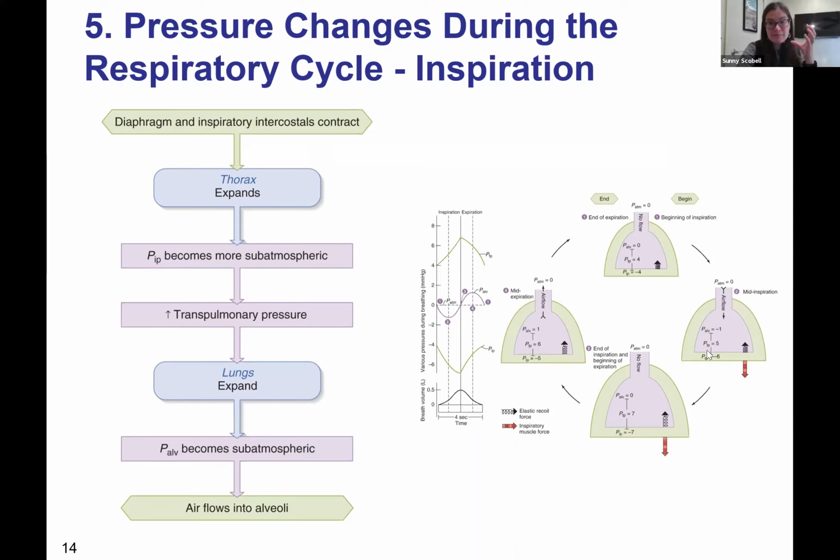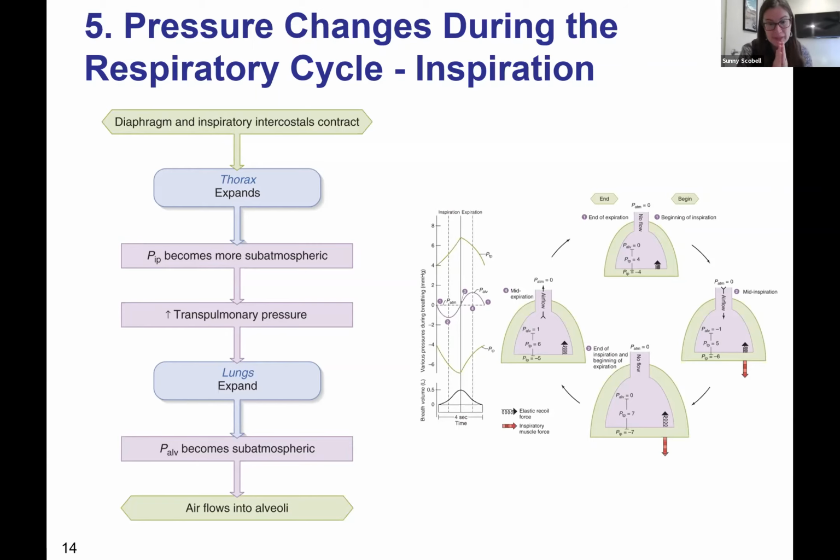And as that gets bigger, as we get this more negative and we open up the lung, we reduce the pressure in the alveoli, in the lung, and then we go from higher pressure in the atmosphere to lower pressure in the lung, and air is going to rush in.